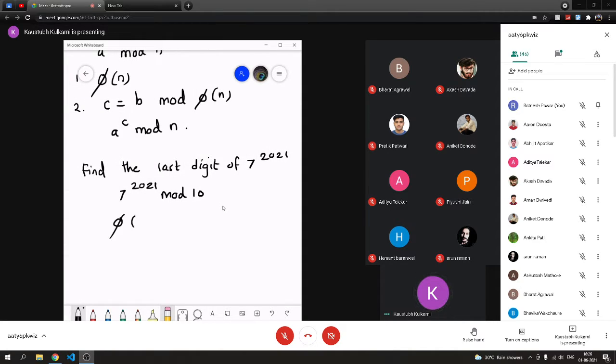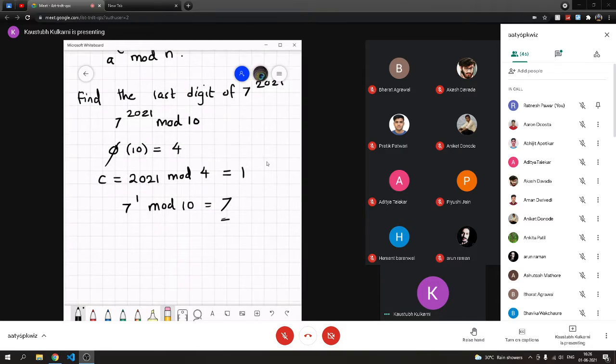Yesterday we calculated phi of 10, which is 4. C is B mod phi of n, and because 2020 is divisible by 4, C is 1. So effectively we are calculating 7 raised to 1 mod 10, which is 7. So the last digit of 7 raised to 2021 is 7.